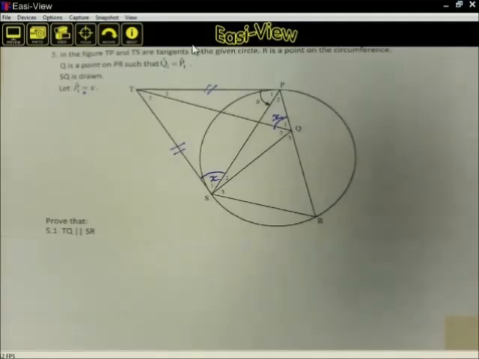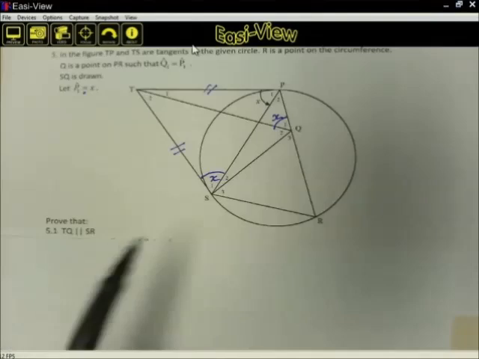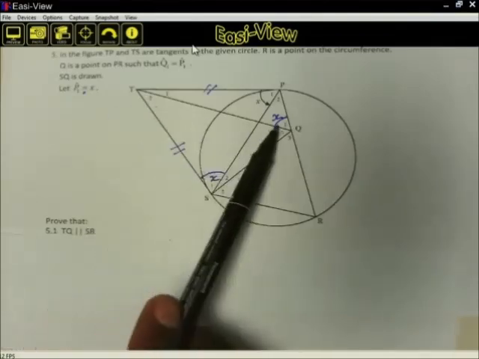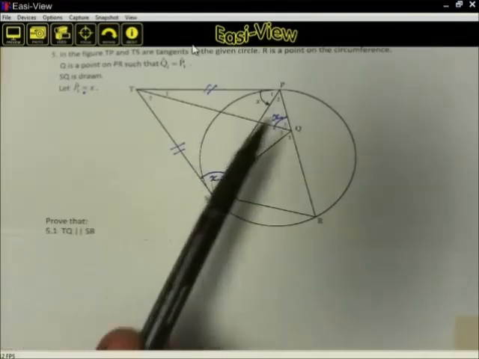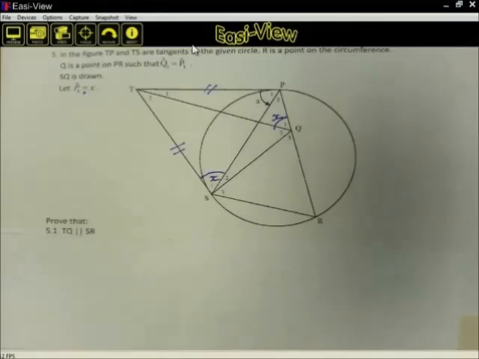So that's why I say every time you are asked to prove, ask yourself a question, when? And then look at the given information. Where is it applicable? How can we use this X here, even that one, to prove that TQ is parallel to SR?